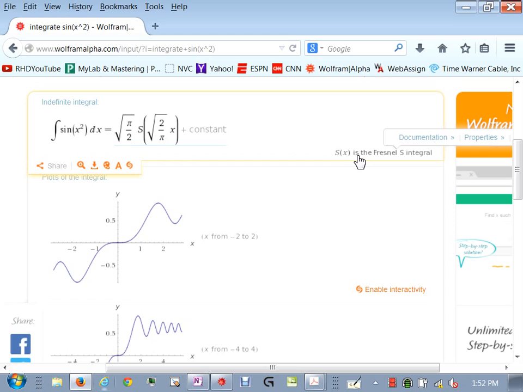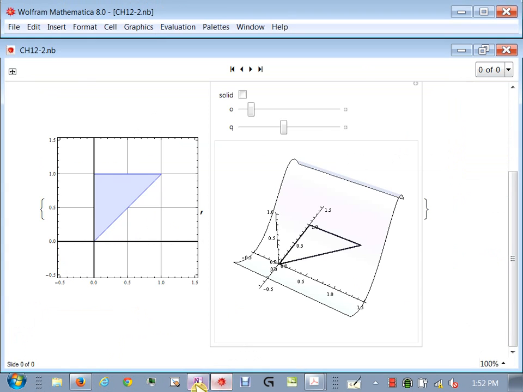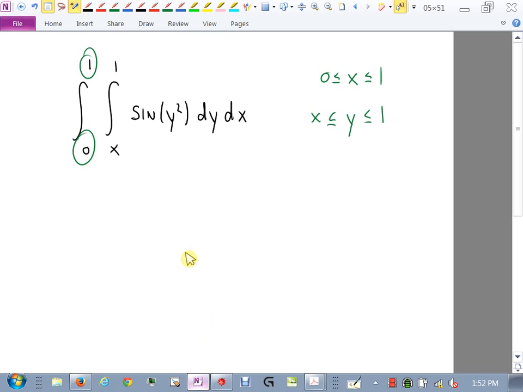If that series has a certain look, then it falls into a certain category, and this is the category Fresnel S integral, all right? In other words, we can't do it by hand. So that's why I said, let's reverse engineer this region and take a look at it, because we can't do that by hand.